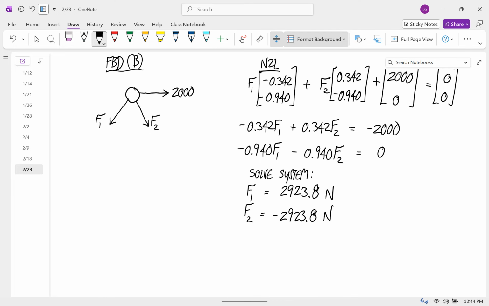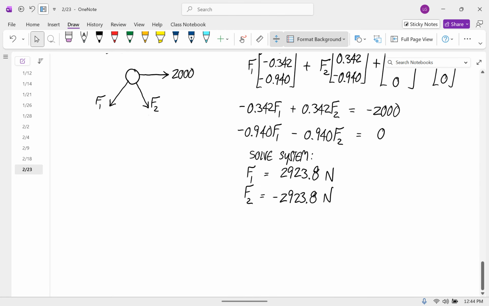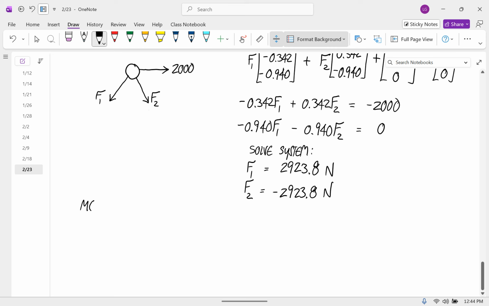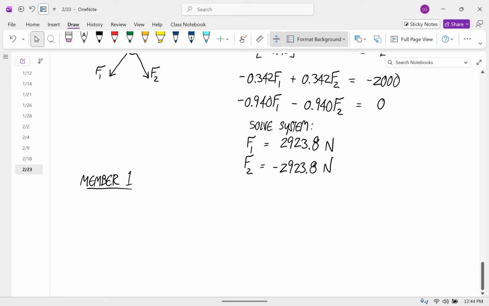Now I'm going to go through a calculation for each one of these of the maximum shear stress, because we want to keep that maximum shear stress below the value that was given. Okay, so let's go to member 1. The stress tensor is, member 1 is the one that was in tension.